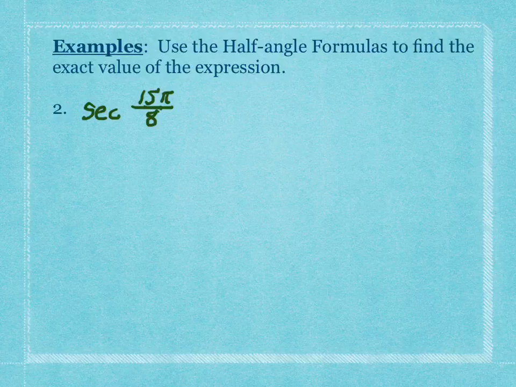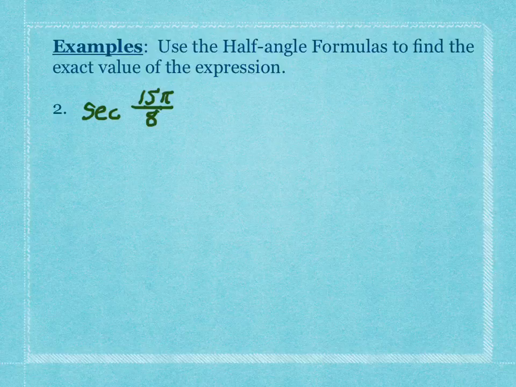But what if I doubled it? What if I doubled this angle? I'd get a 4 on the bottom, not a 16. I'd get a 4 on the bottom. Right?